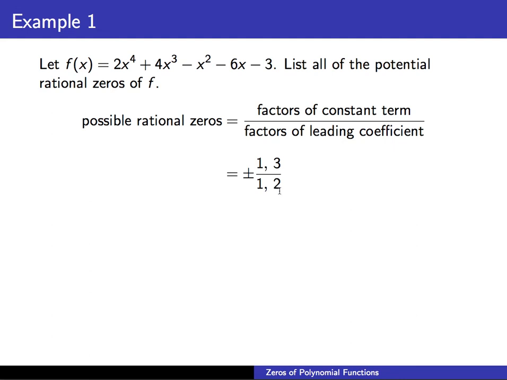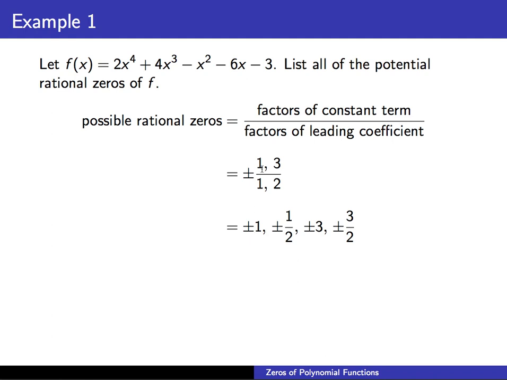What we're going to do is generate a list of all the possible numerator values over all the possible denominator values, keeping in mind that each one could be the positive or the negative. First up, we have 1 over 1, which is just 1, and we add the plus or minus afterwards.